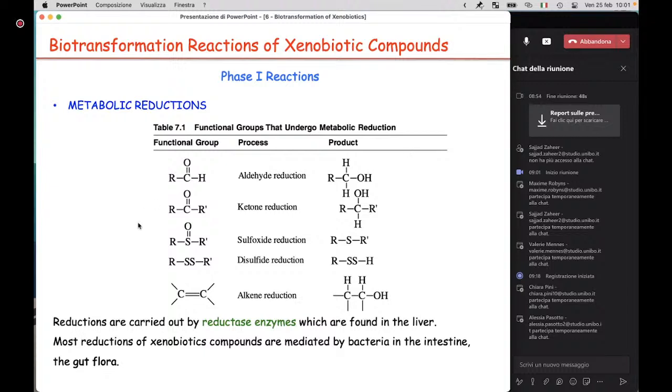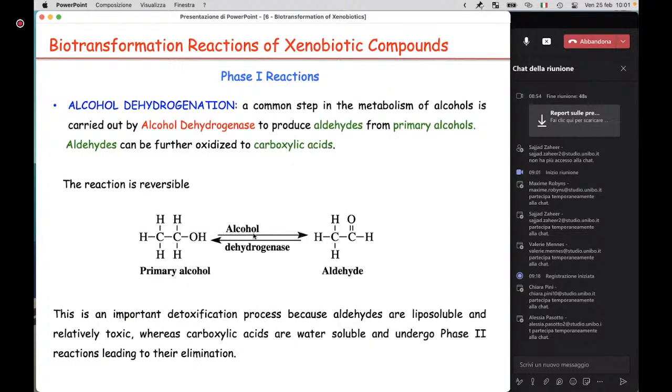But we also have a lot of different reduction reactions. Until now we have seen mostly oxidation reactions. Of course, molecules can also undergo reductions. For example, here you can see aldehyde reduction. This is, of course, exactly the reverse of this reaction. You can see that this is an equilibrium.